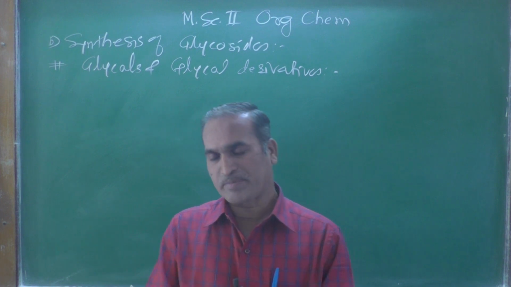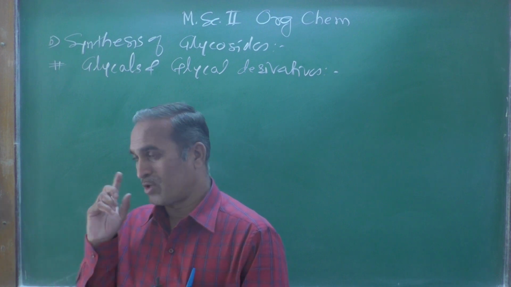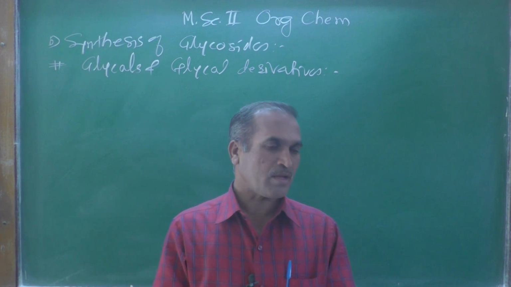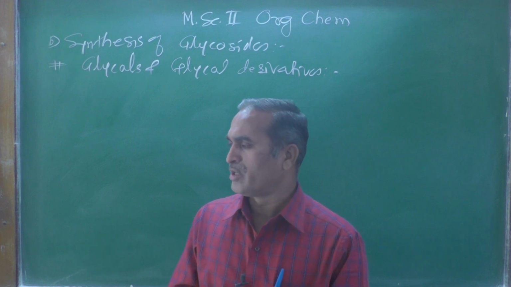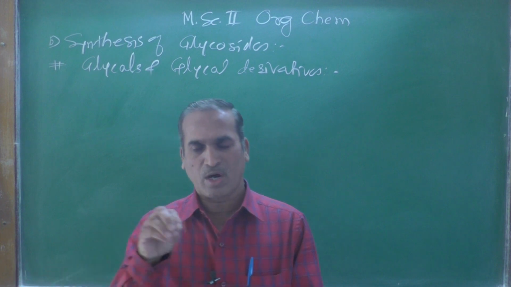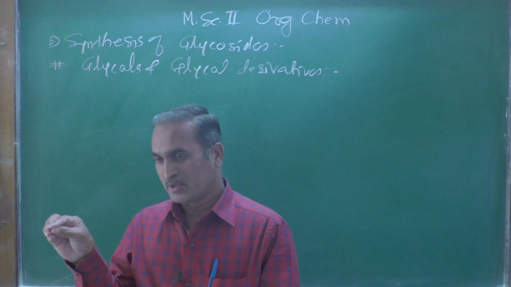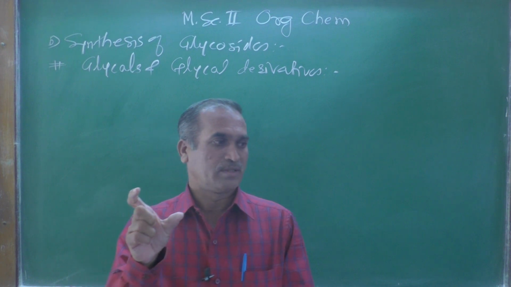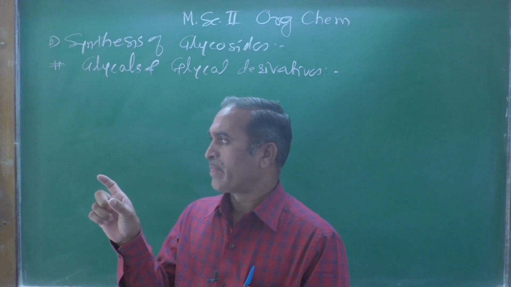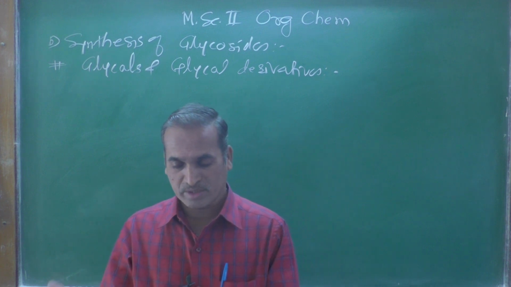That is a polypeptide. Have you heard about polypeptide? During protection and deprotection, you come across this word peptide bond. Peptide bonds means amide bonds are formed, in the synthesis or in the case of proteins, there you might have heard this word.